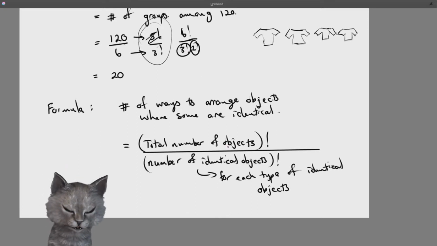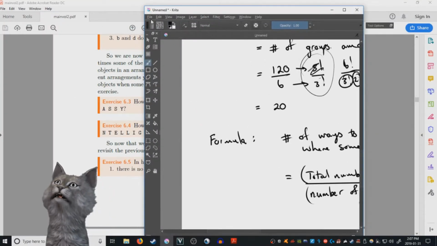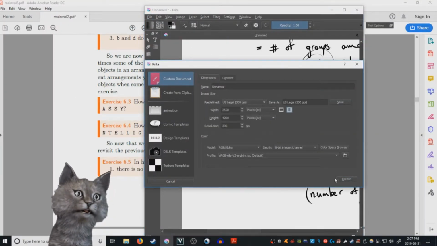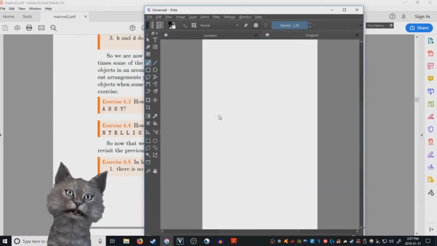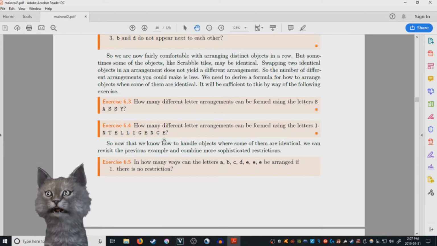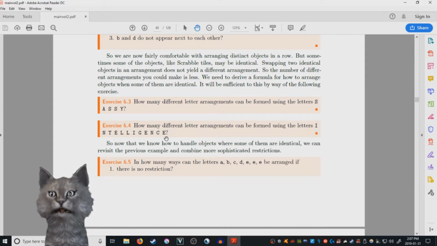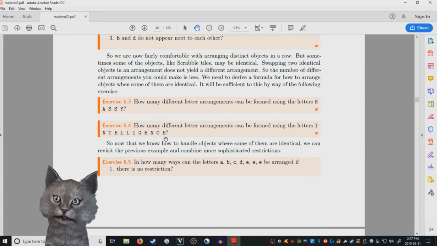Okay, let's make a new page. I should have done this in advance. I'm just not very well prepared here. And let's look at the next example, where we want to arrange the letters in intelligence. Intelligence.